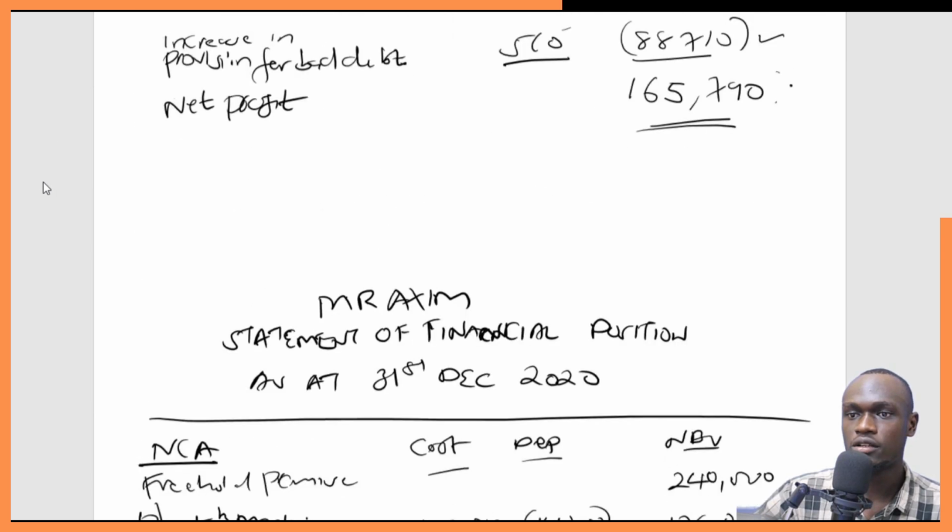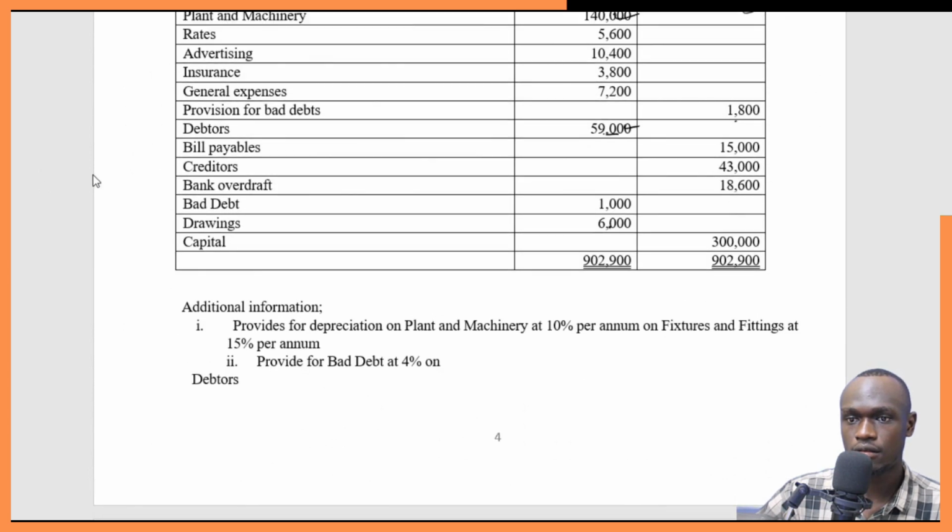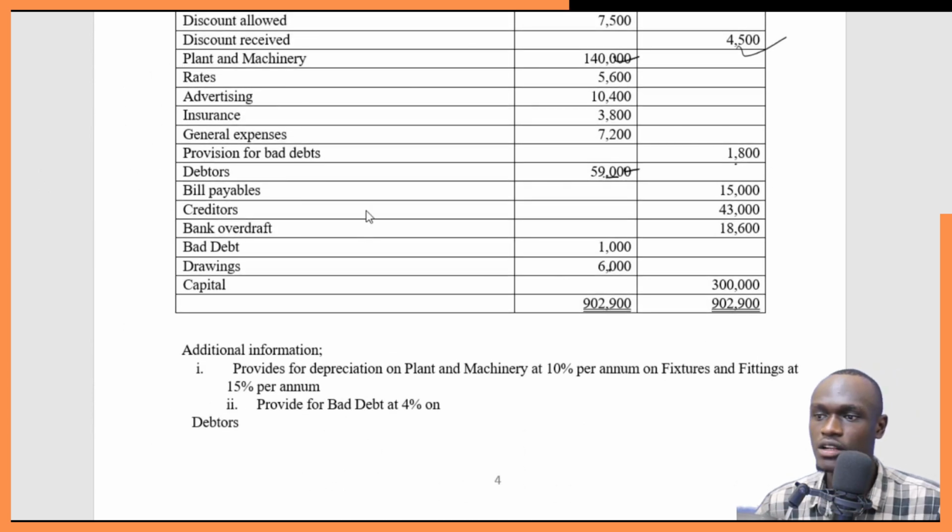Current liabilities, we have bills payable 15,000, creditors 43,000, bank overdraft.